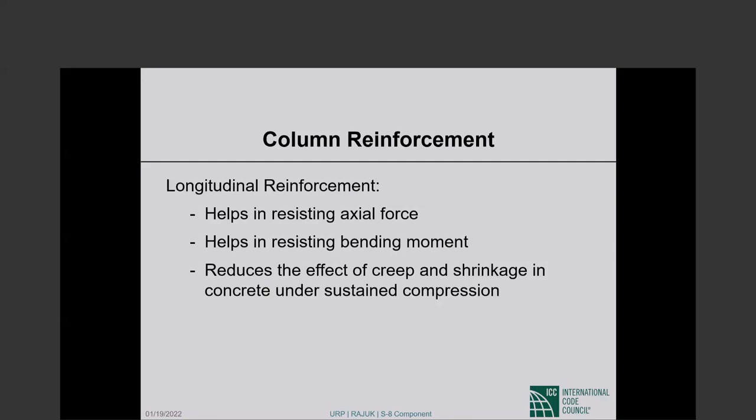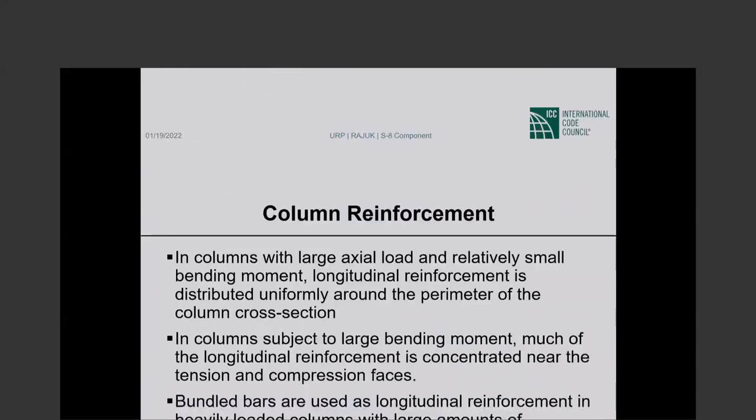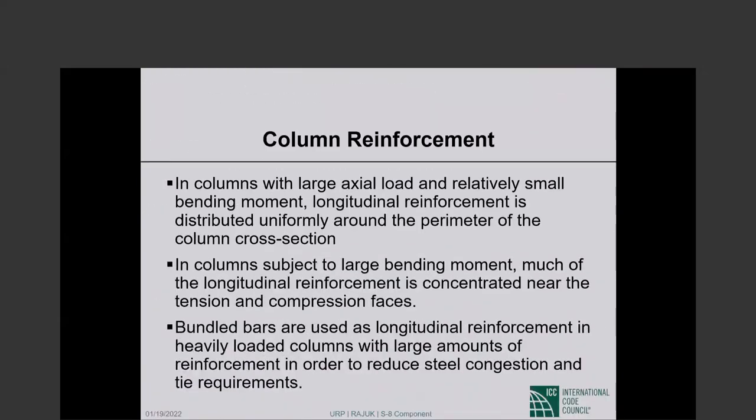The deformation has to be equal. And that requires a load transfer from the concrete to the reinforcement, which does take place. So the reinforcement helps in a couple of ways against the effects of creep and shrinkage. Okay, this is in addition to resisting axial force and resisting bending moment.